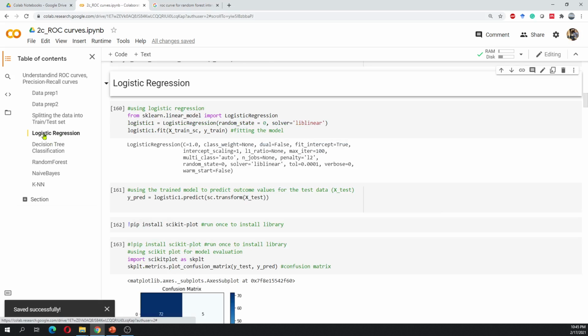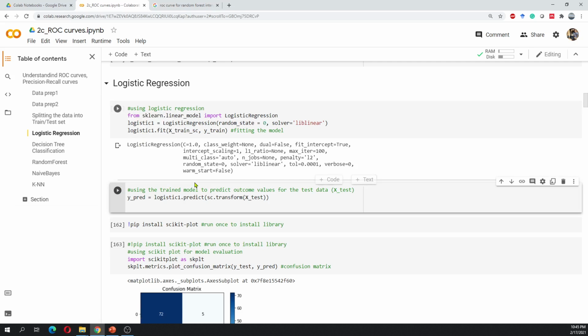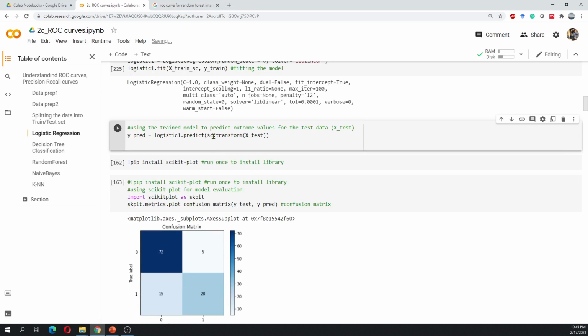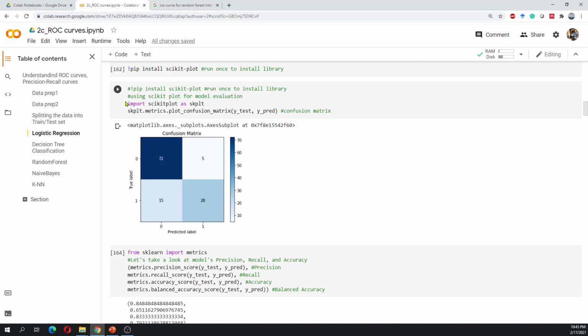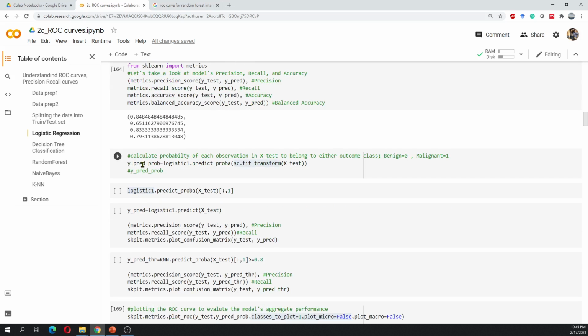Okay, so we're back at the logistic regression that we did initially. So let me just do this again, just to make sure we have things right. We're using the transformed data set in this case, and we're looking at the confusion matrix, and then we calculated the probabilities instead of just the 0s and 1s.